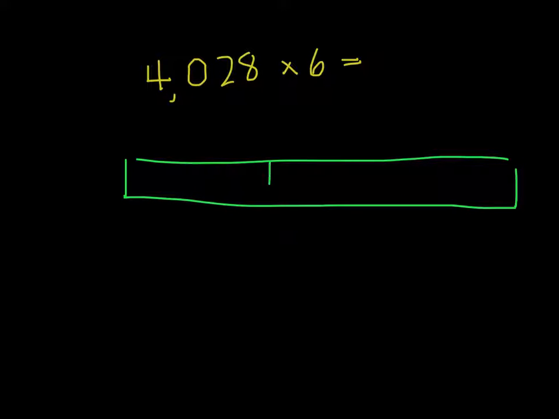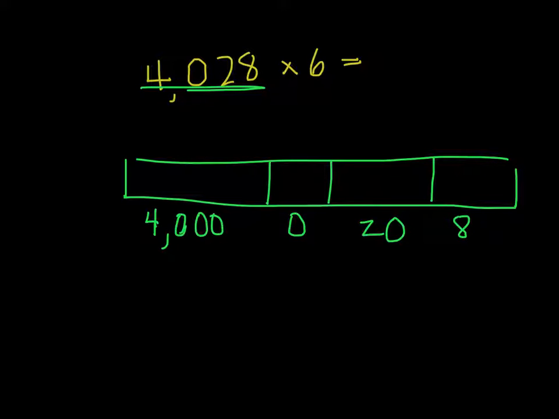I'm going to divide it so that I can put my place value parts. Notice I have a 0 there. I do go ahead and include it there. So I've broken 4,028 down into its place value parts, and I am multiplying by 6. I'm going to find my partial products.